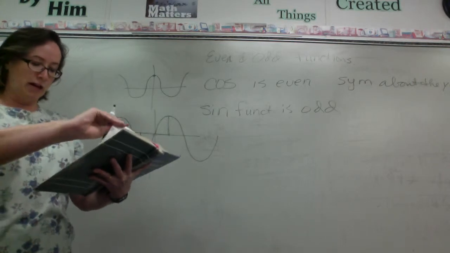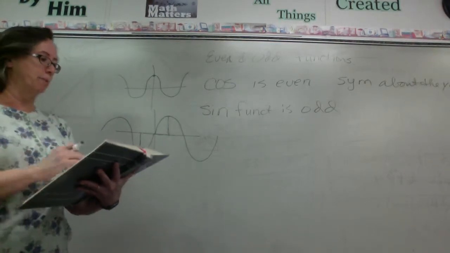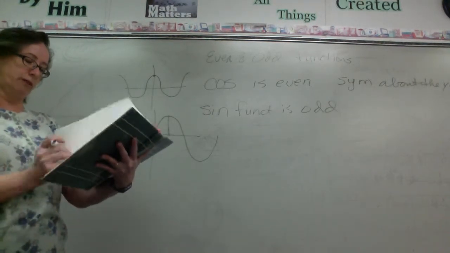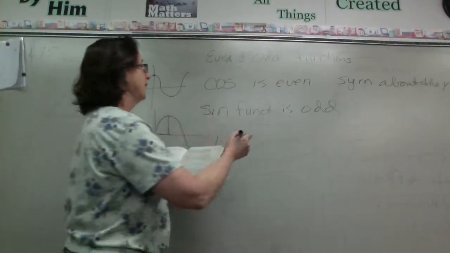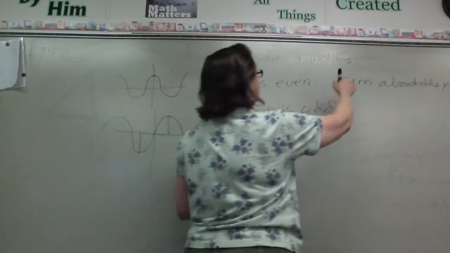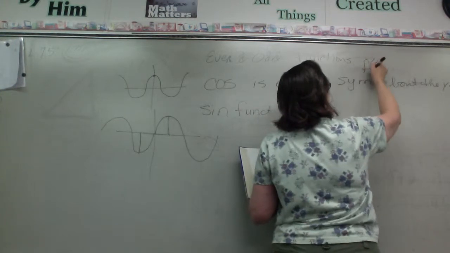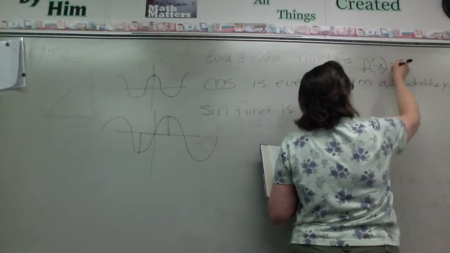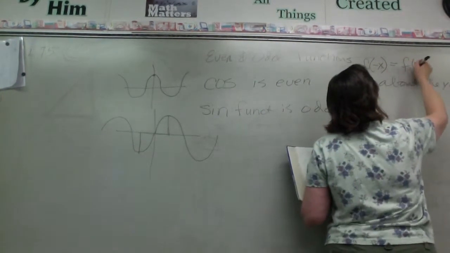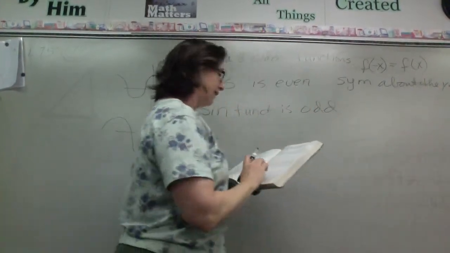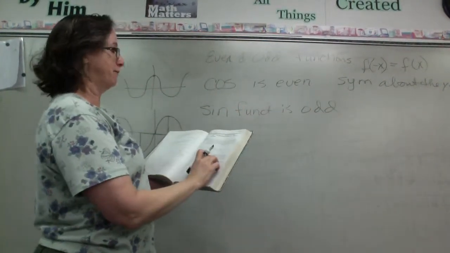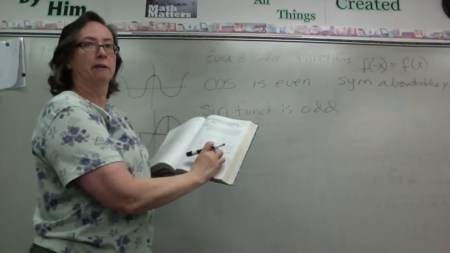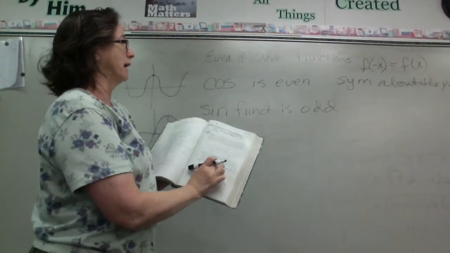So now we're going to talk about the equation properties of these two. Oh, there it is. For the even function, f of negative x is the same thing as f of x. Okay, and they're saying that up in the first paragraph there.